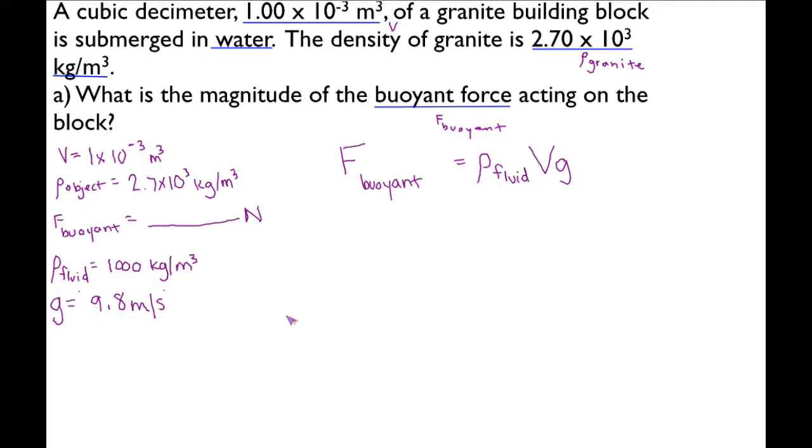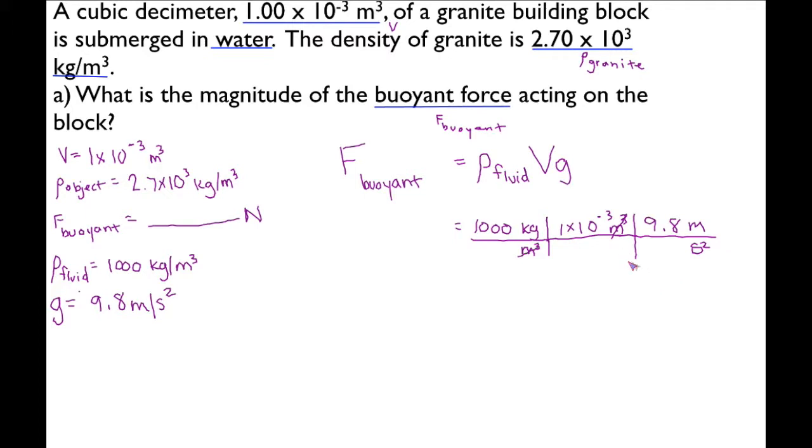Okay, so now I'm going to put the density of my fluid in here. 1,000 kilograms over meters cubed times the volume, which is 1 times 10 to the negative 3 meters cubed times G. Okay, our meters cubed cross out.